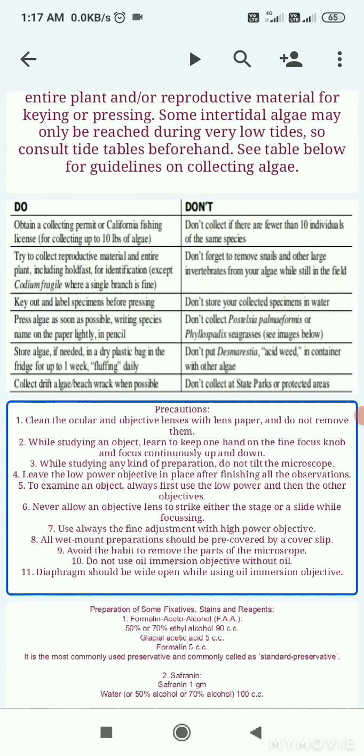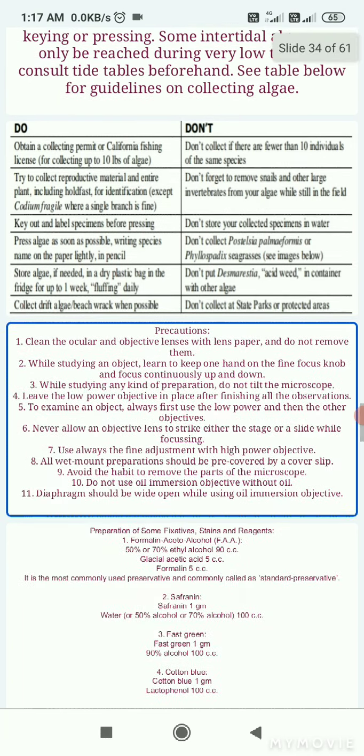Then we have some more precautions when we are using our labs. So for that purpose, one by one we see which type of precaution we have to take.